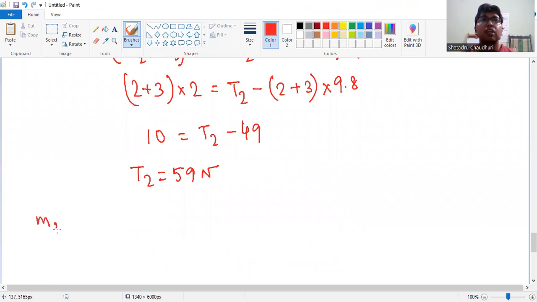So it is m3 into a equals T3 minus m3 into g. So the mass m3 is 3, so 3 into 2 equals T3 minus 3 into 9.8.